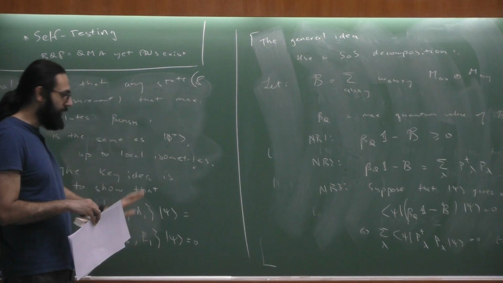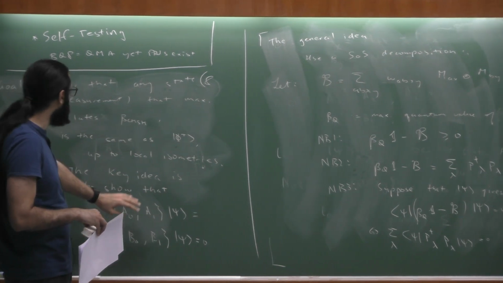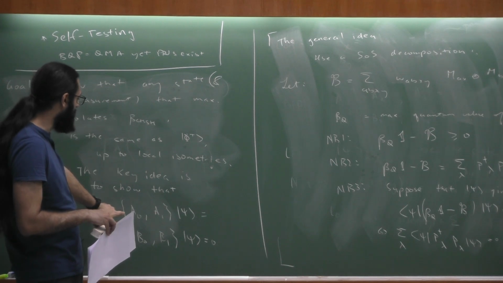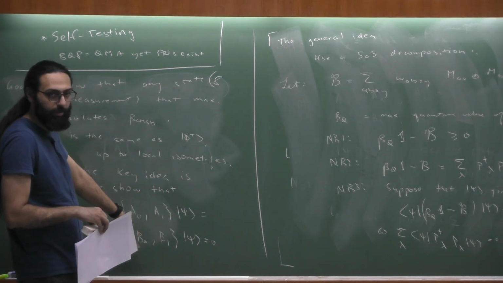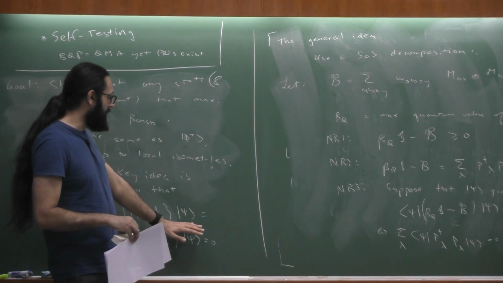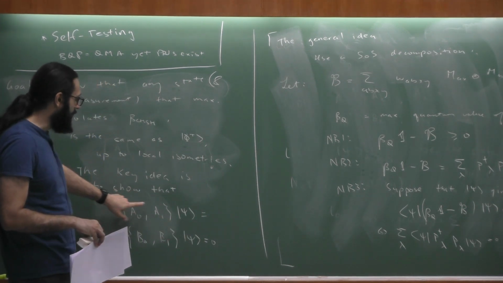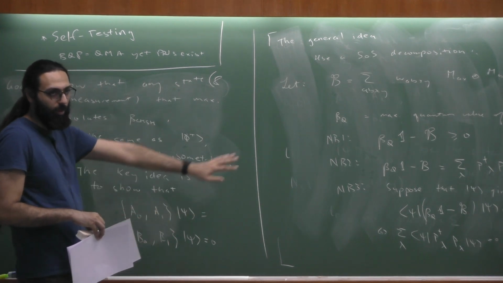This is what we're trying to prove. First we formalize the most general strategy as measuring observables A0, A1, B0, B1, and psi, and then just from the assumption that psi is maximally violating, we show that these will anti-commute on psi. This is what we established over there.